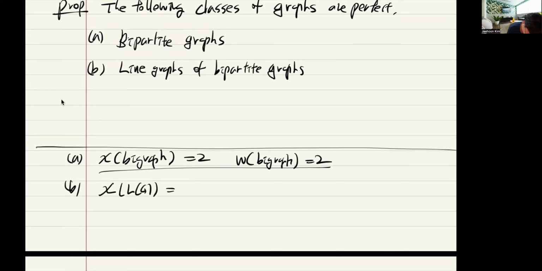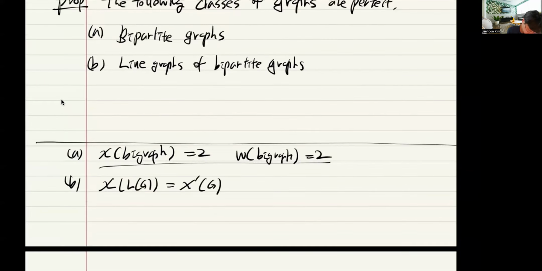This is the same as the chromatic index of G, chi prime. And we know that this is the same as the delta of G. So previously we proved this Koenig theorem that for bipartite graphs, these two are equal. Bipartite graphs are class 1.